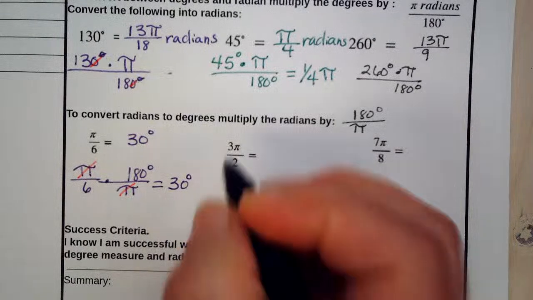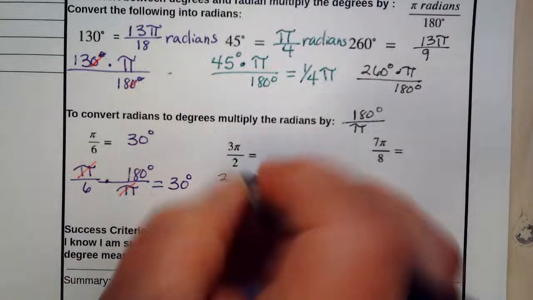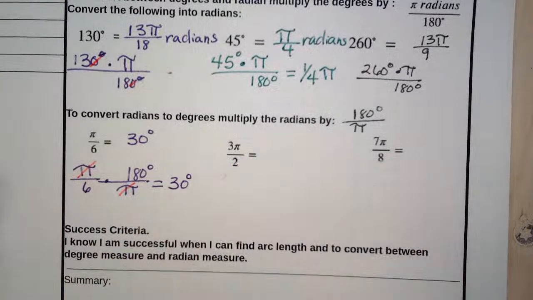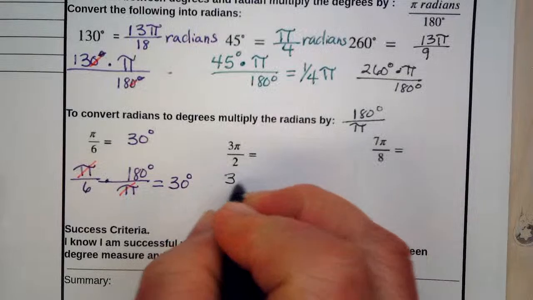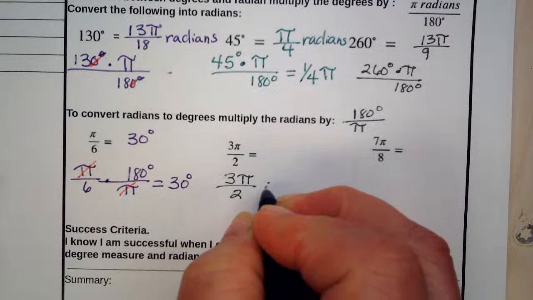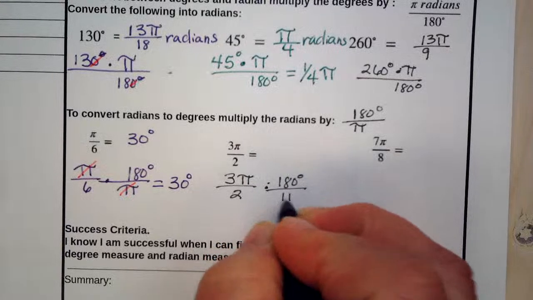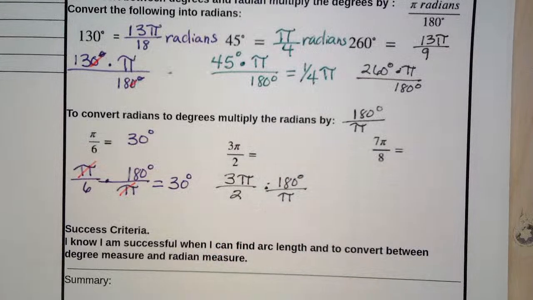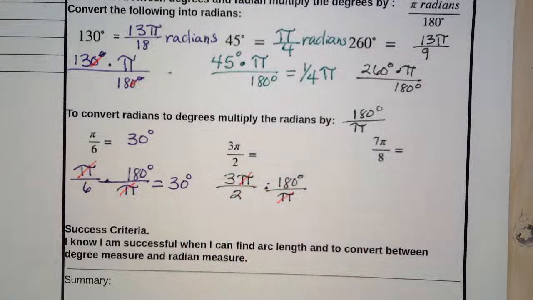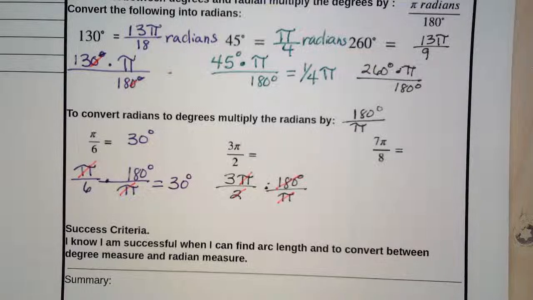Once again, 3 pi over 2 times 180 degrees over pi. The pi's will cancel out. 2 goes into 180 degrees 90 times.